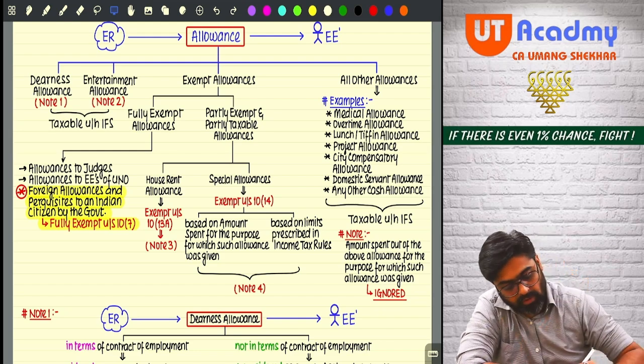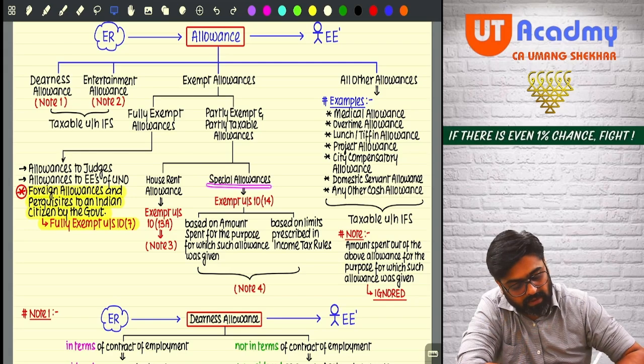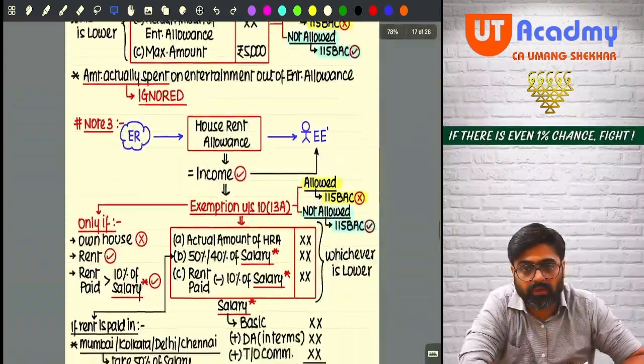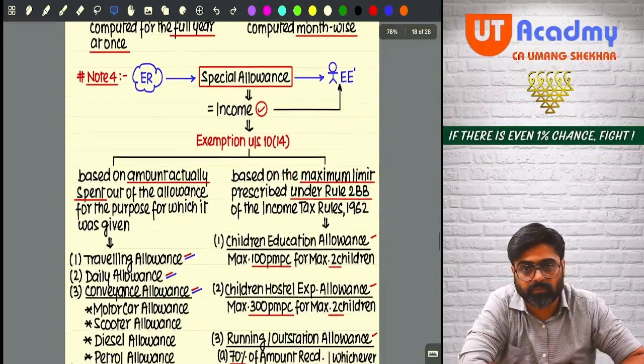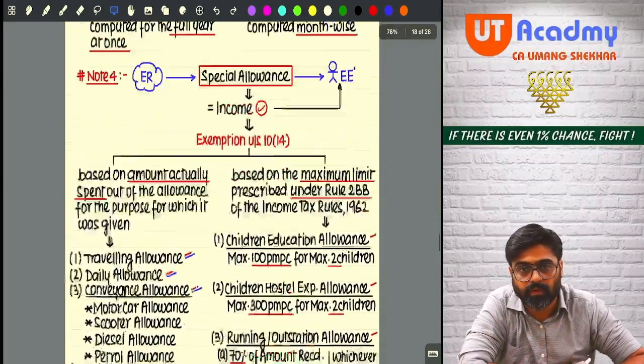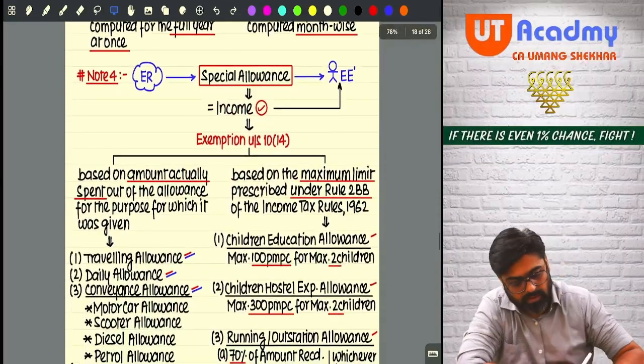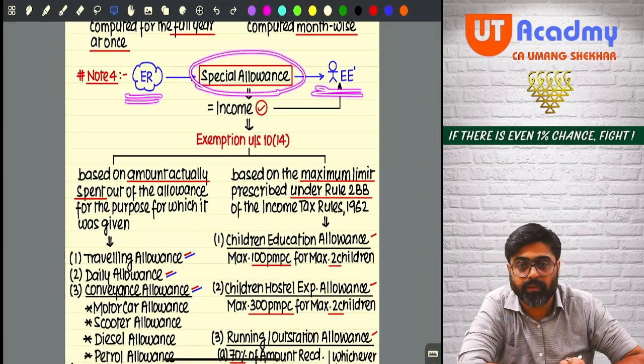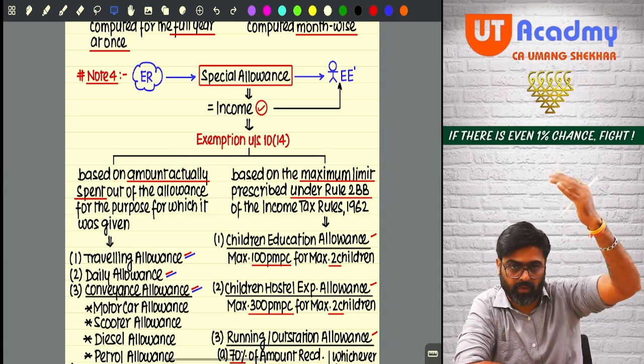Sure, no? So now tell me, which are those special allowances which are exempt under 10(14), based on amount spent? So we will have a discussion about those allowances. See, now the employer is giving special allowances to the employee. That part only we are doing in the note.